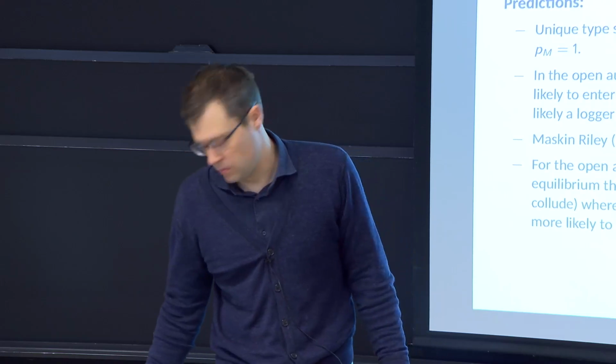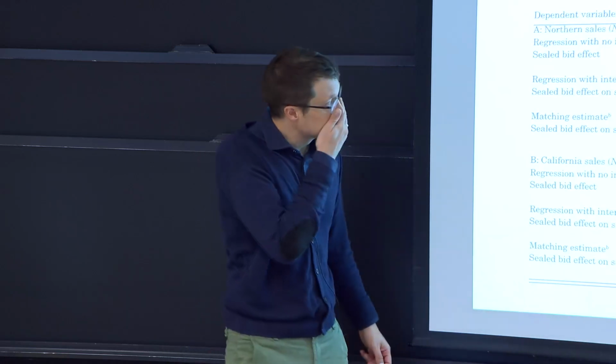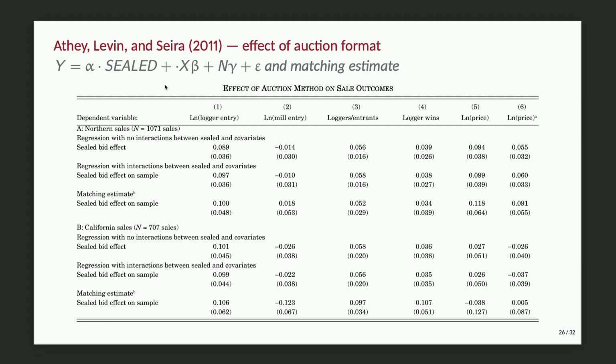Okay, so now we have some predictions from the model. Again, to remind you, what's really nice in this setting is that the government, seemingly at random, designates tracts for either sealed or open auction bidding, and they run this regression where they're regressing outcomes of interest on a sealed indicator plus a bunch of controls, including in some regressions the number of bidders in the auction.